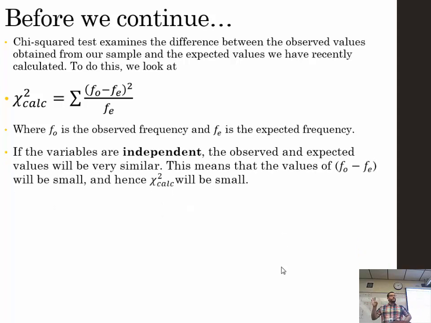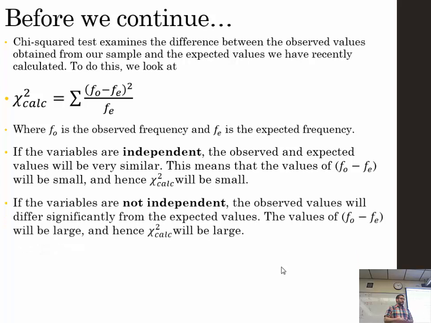If the variables are independent of each other, that means that the contingency table values are really close. So there wouldn't be much variability. That F sub O minus F sub E would be tiny, right? There wouldn't be much variation. It'd be tiny, and so our chi-squared calculated would be low. That's if they're independent. If they are dependent on each other, the observed values would differ a lot.